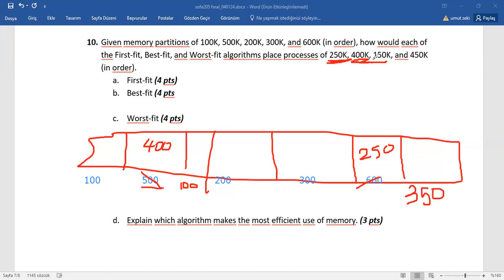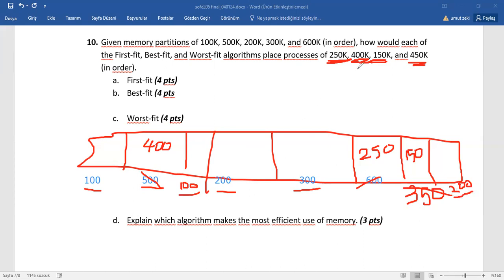The next one is 150. Which one is the biggest hole? 350. So I will put 150 here. We have 200 remaining. And the last one is 450. This is 100, this is 100, 200, 300, 200.